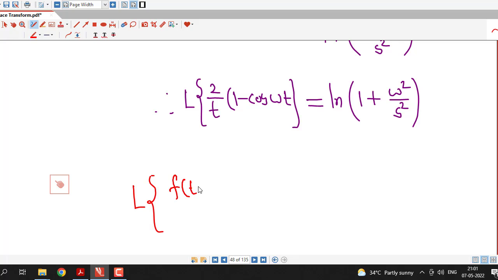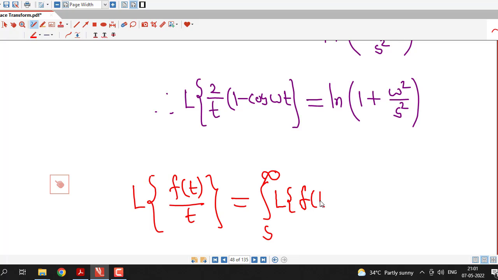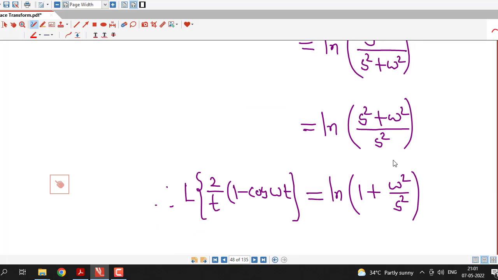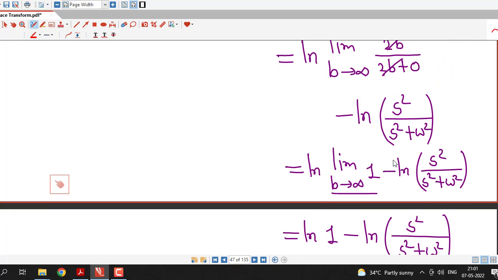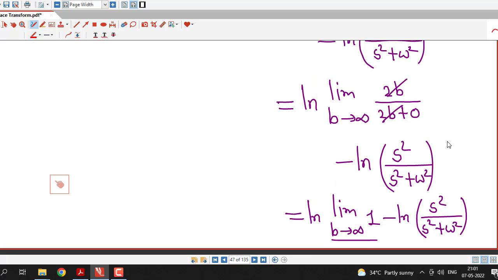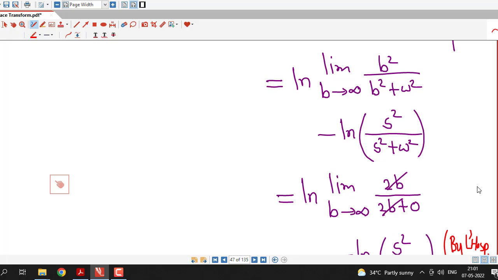The Laplace transform of f of t divided by t is given by the integral from s to infinity of the Laplace transform of f of t, integrated with respect to s. To find this limit, we used L'Hospital rule, so we mention in the bracket that it is by L'Hospital rule, because we have infinity by infinity form in this limit.